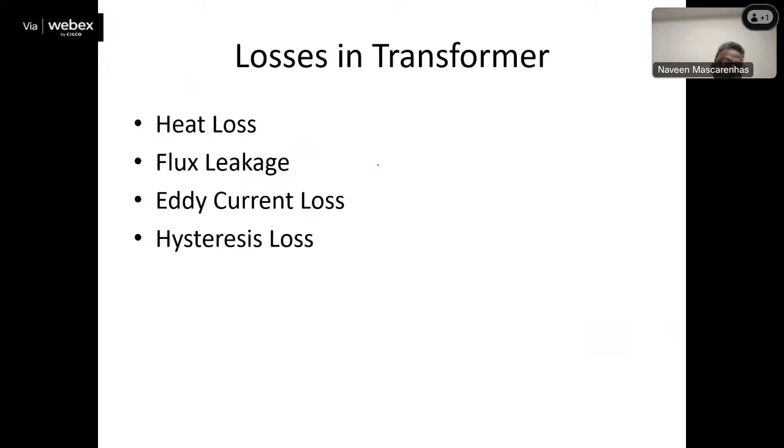So as I already told you, these are the two losses depending on the wire and windings, and these are the ones which are due to the core that we use. To minimize this eddy current loss, we go for a laminated core.